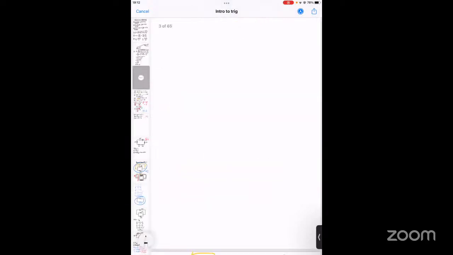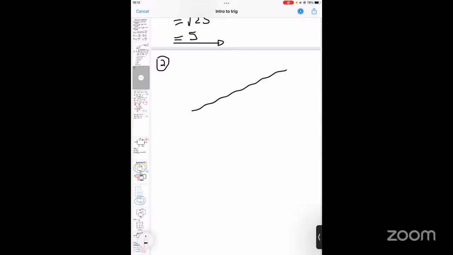Okay. And then I want to now discuss the gradient. Number 2, let's now talk more about the gradient. So let us say, as an example, we have that line there.